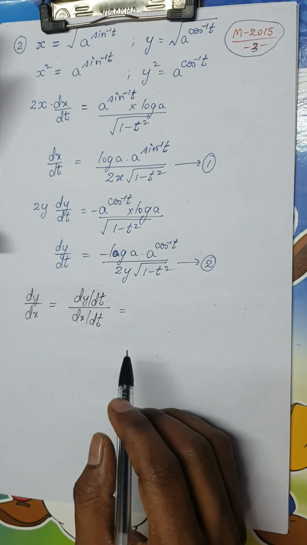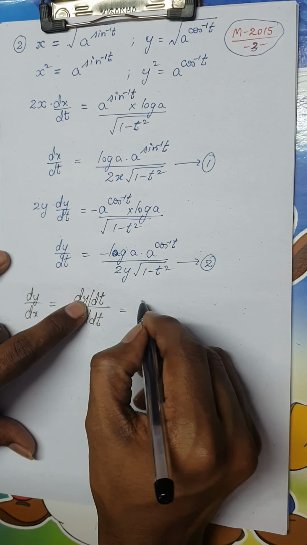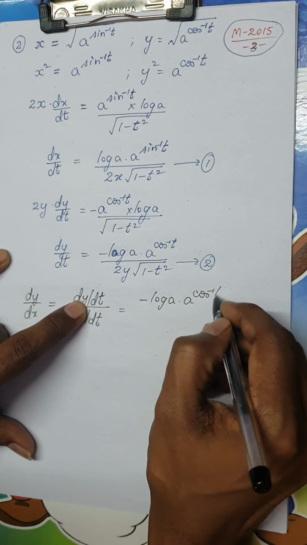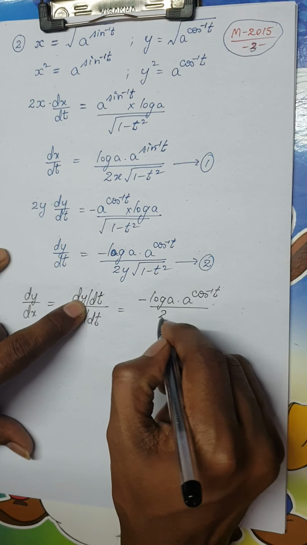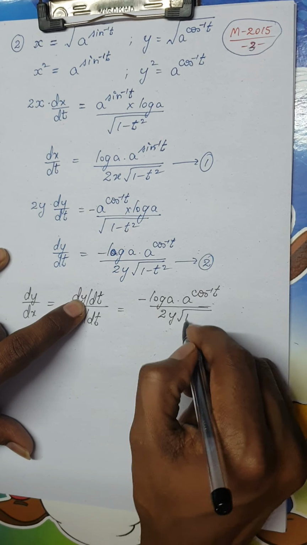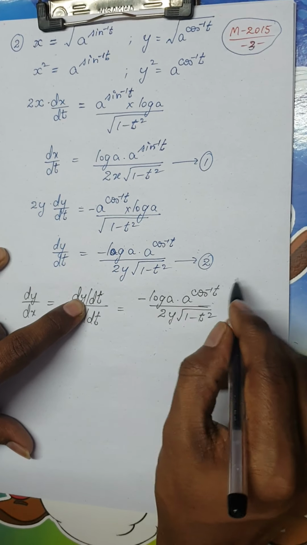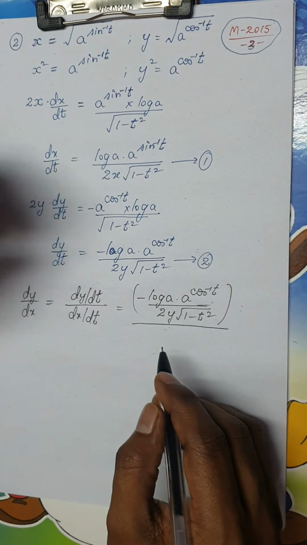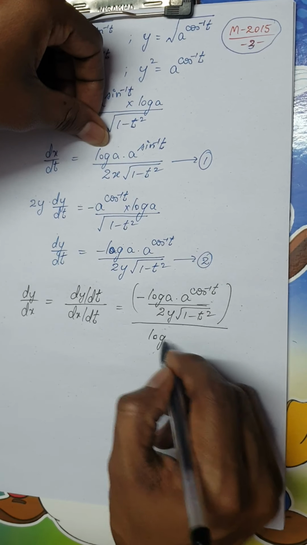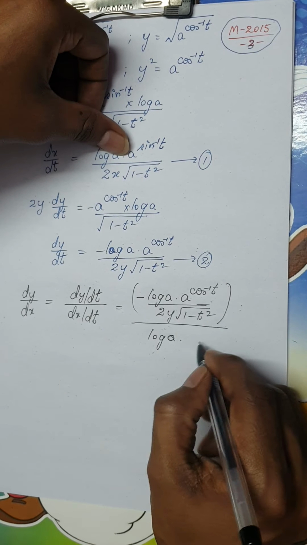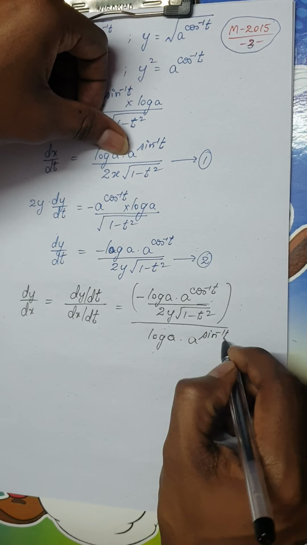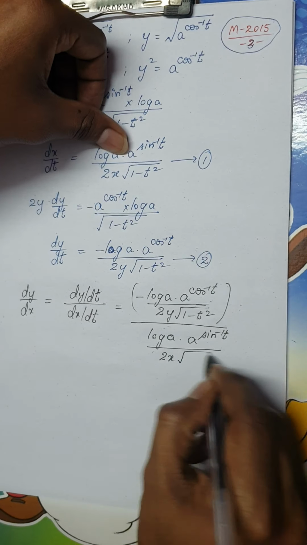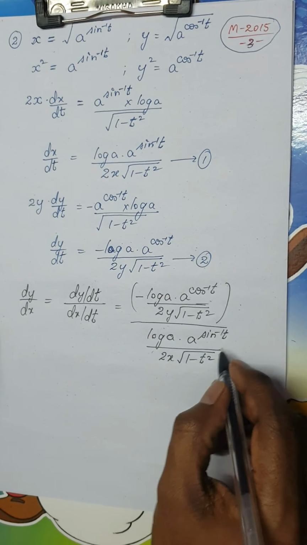Please write it carefully: dy by dt is minus of log a into a power cos inverse t divided by 2y into root of 1 minus t square, whole divided by dx by dt, which is log a into a power sin inverse t divided by 2x into root of 1 minus t square.